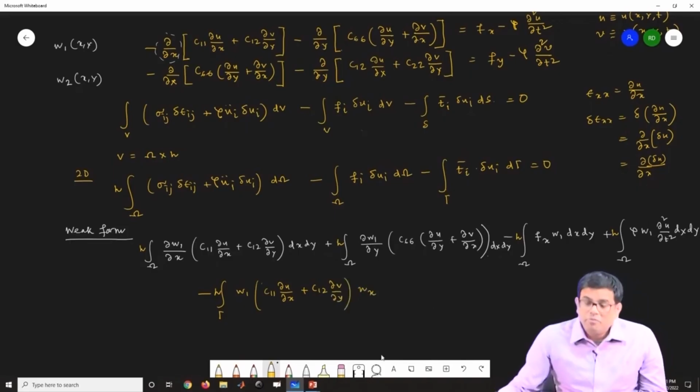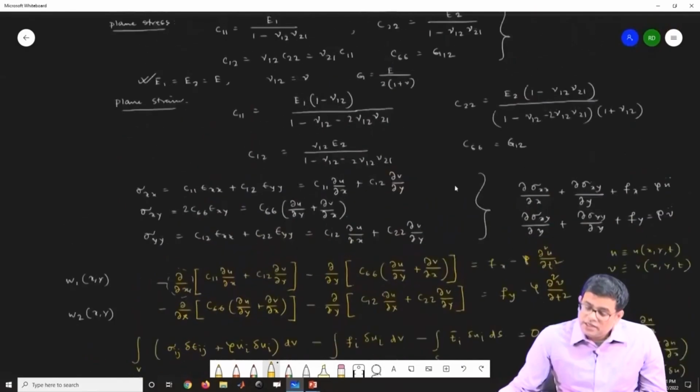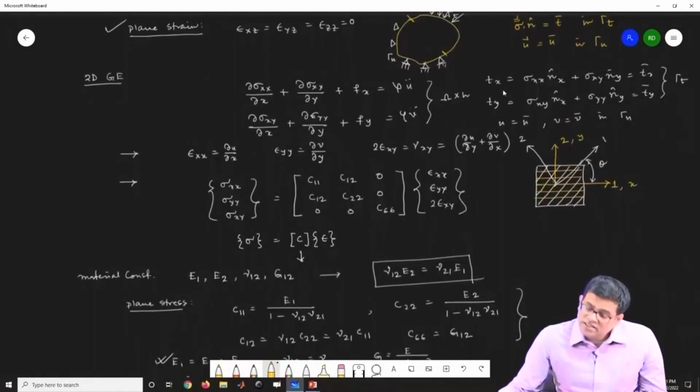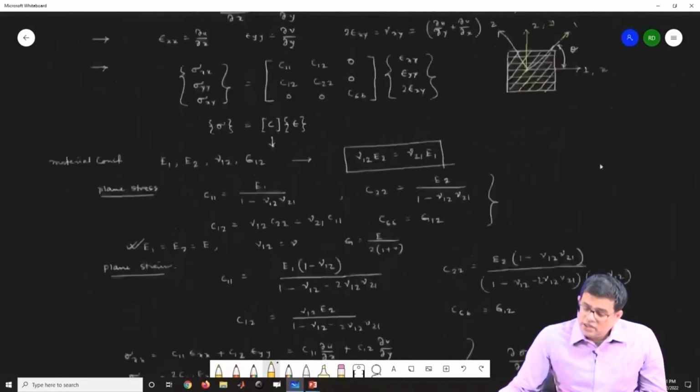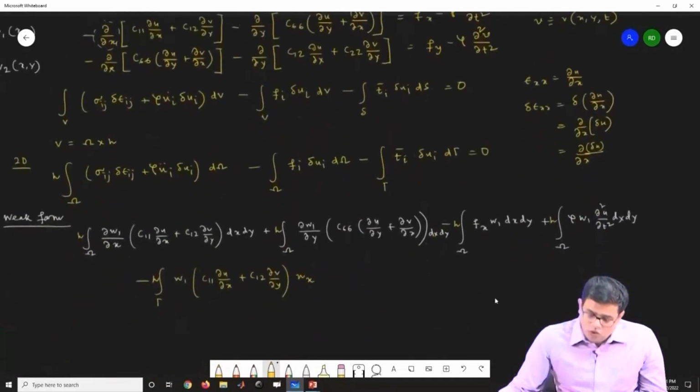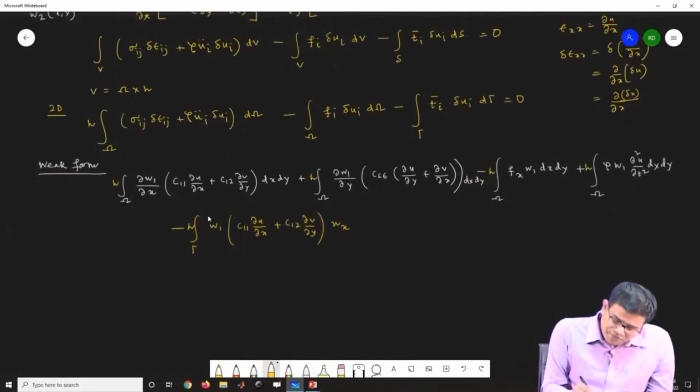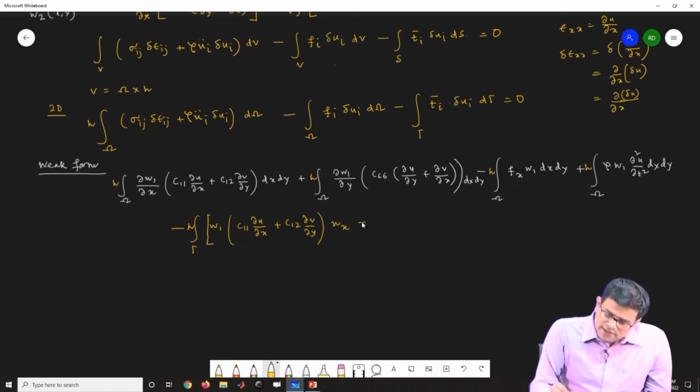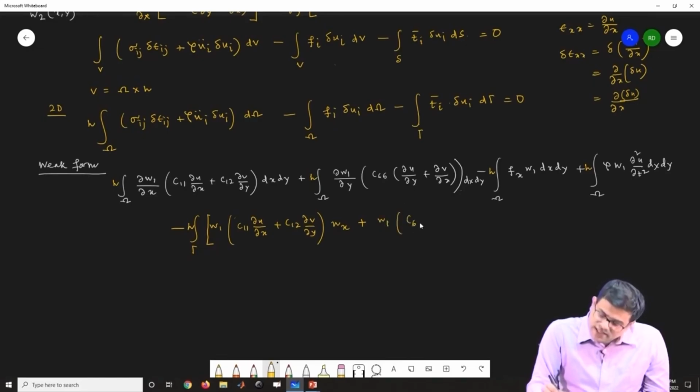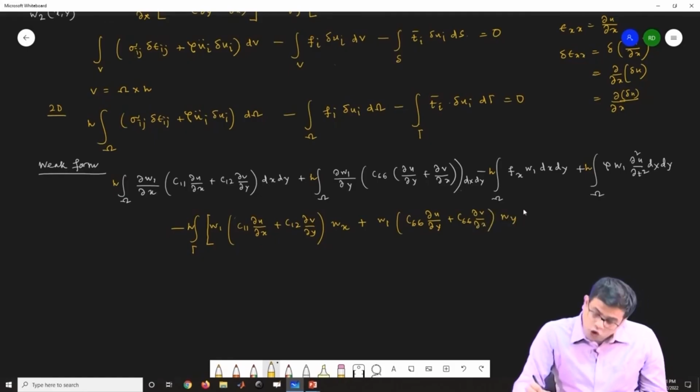If you remember our boundary condition, this condition, that is sigma xx, this condition into nx. Now plus W1 into this quantity, that is C66 del u del y plus C66 del v del x, into ny. So these are the components.